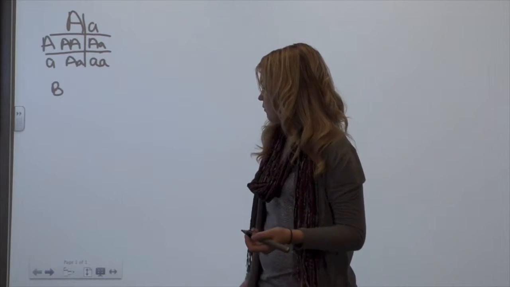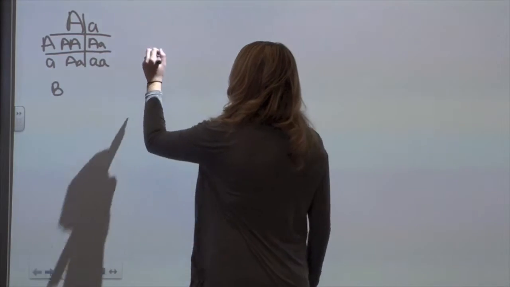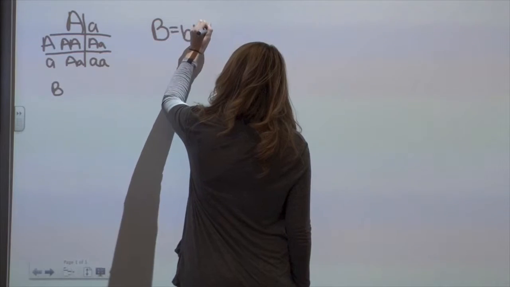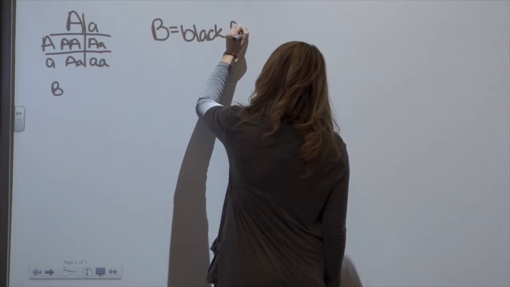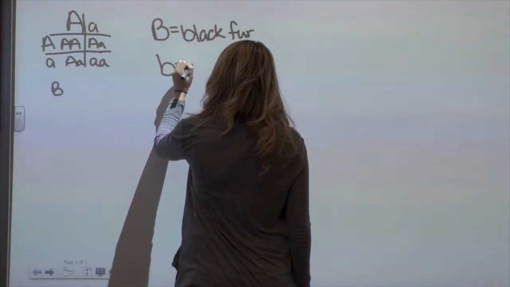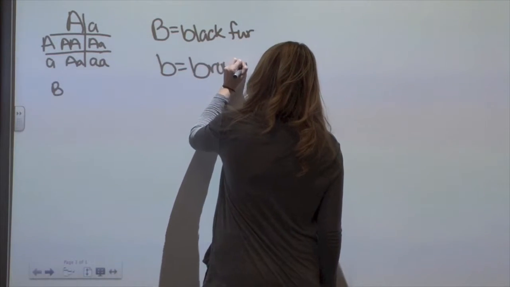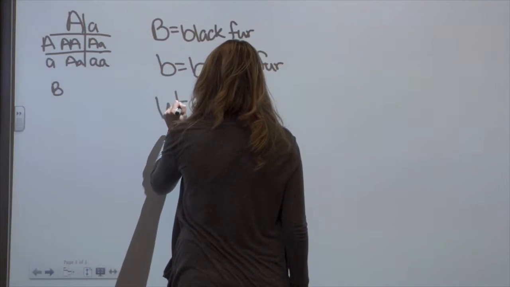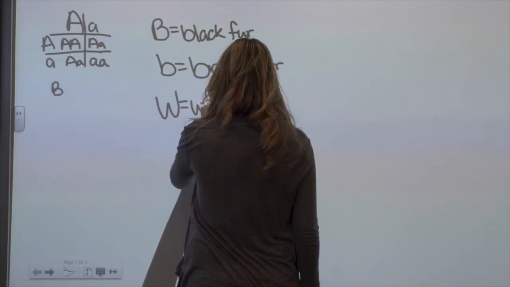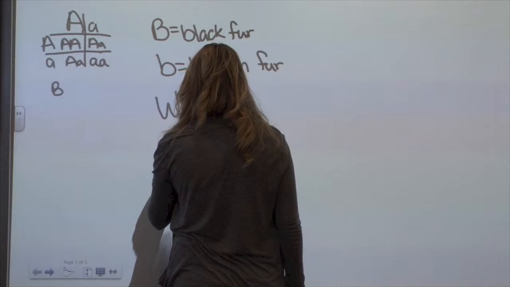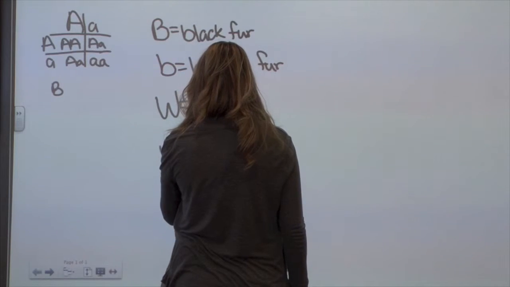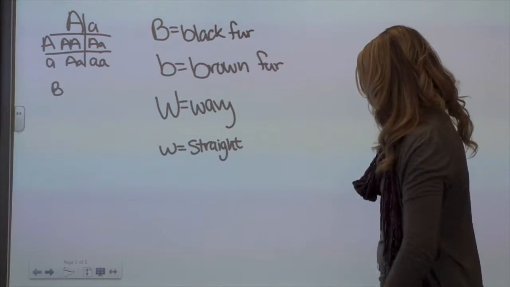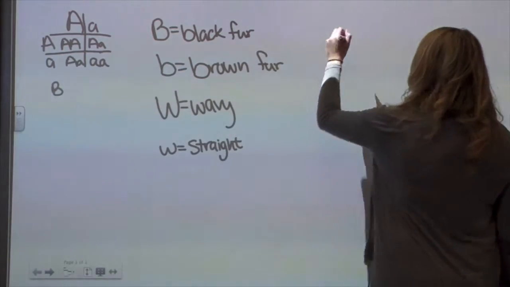So what we're going to do is B and W, where big B is black fur, little b, brown fur, large W, the fur will be wavy, little w, the fur will be straight.